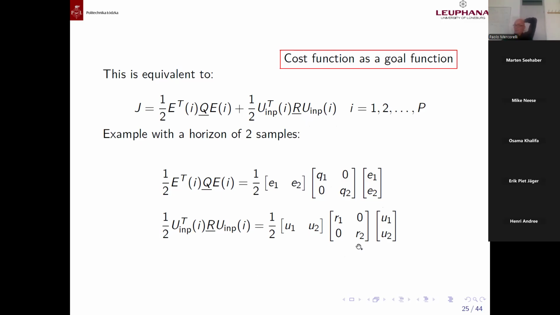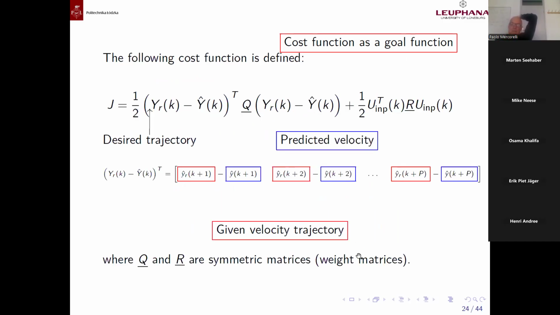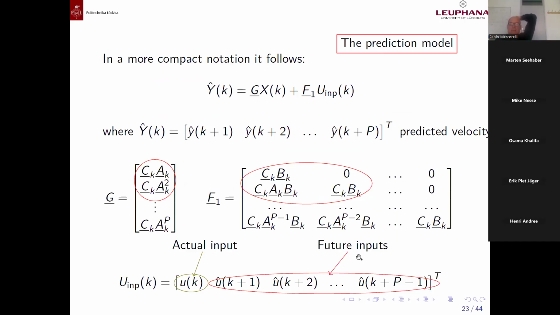It's the same consideration. Of course, R1 and R2 are the weights considering the input tomorrow and the input after tomorrow. So in this case, it could be more important probably what we obtain tomorrow, because it's close in time, and what we are able to pay tomorrow. Yeah, probably I made a mistake because the first element is today.